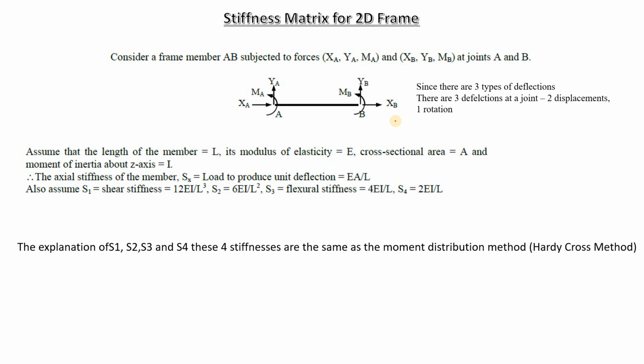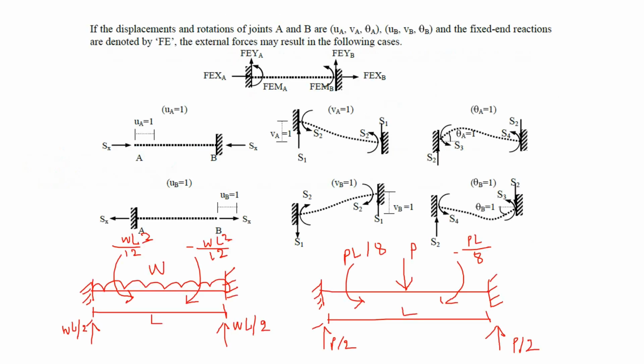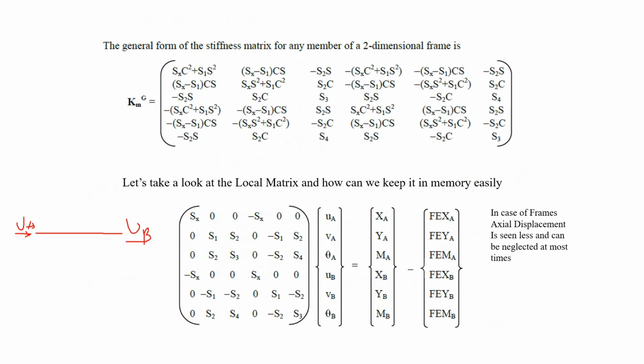So this is XA, XB, and here this is UA, UB. The displacements are also here. If we neglect them, if we get rid of them, rows and columns 1 and 4, this is the matrix that we're going to end up with.